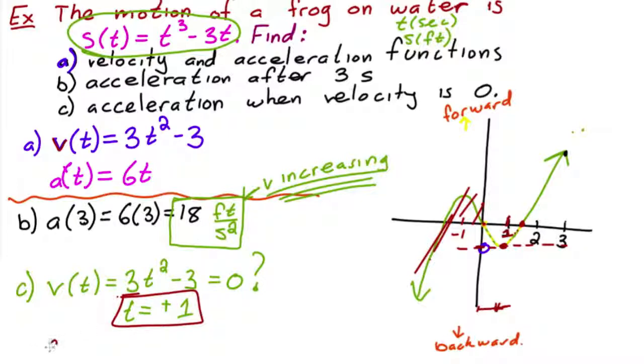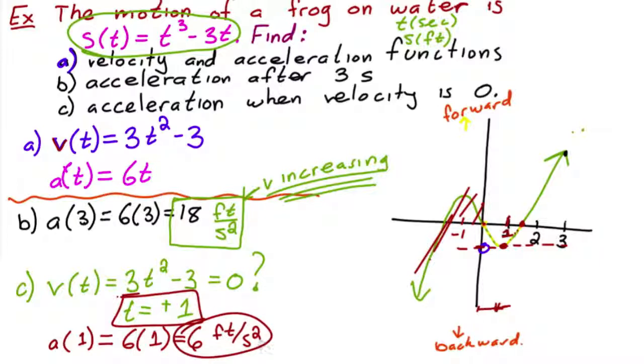That was only part of the question. So the acceleration when, since the velocity is equal to 0 at time equals 1, the acceleration is equal to 6 times 1, or 6 feet per second squared.